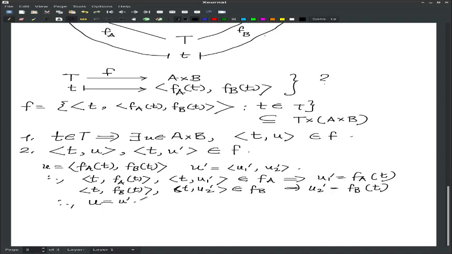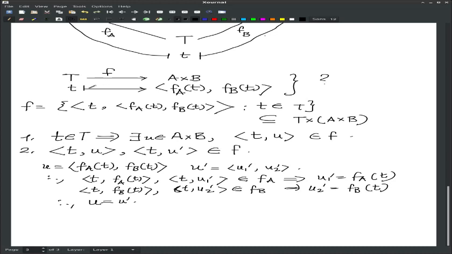So this is a function. Okay? So this is a complete pedantic proof. In the initial stage, you should actually go through and write this proof. But as you go on, you will see that this is getting pretty clear.